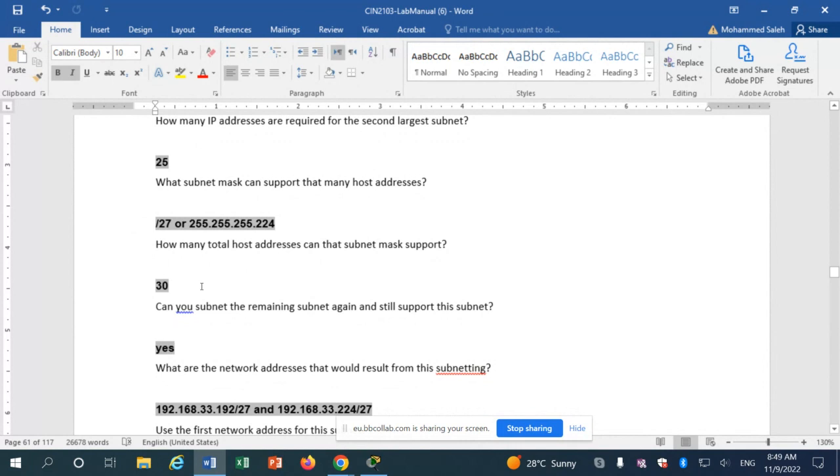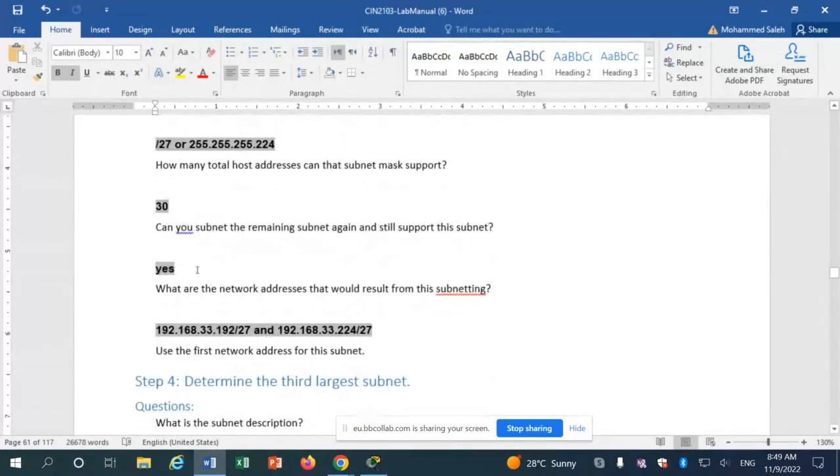How many total host addresses can this support? 2 to the power of the number of host bits, minus 2, which is 2 to the power of 5 minus 2. Okay, 30. Can you subnet the remaining subnet again and still support it?